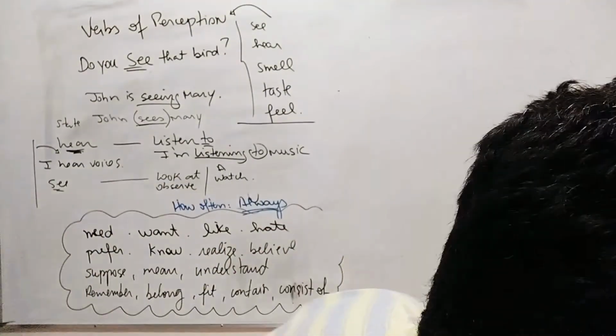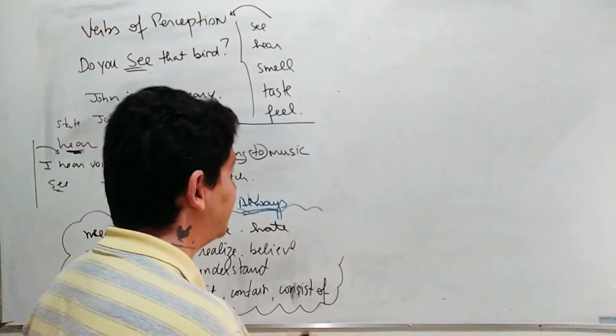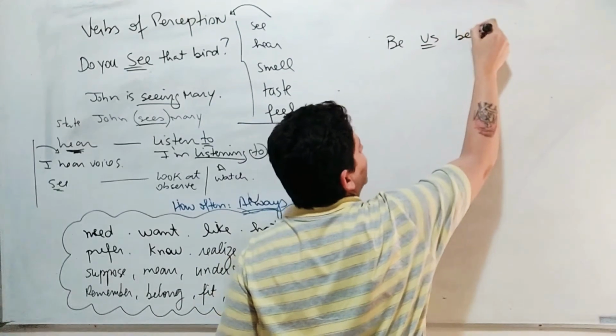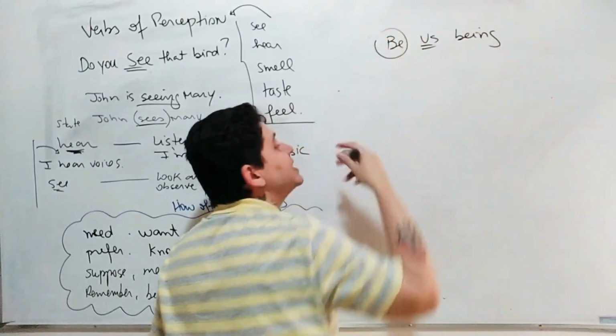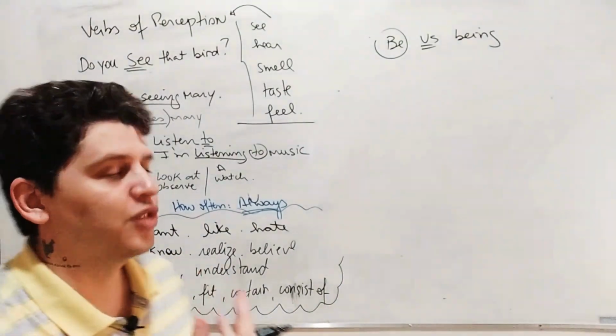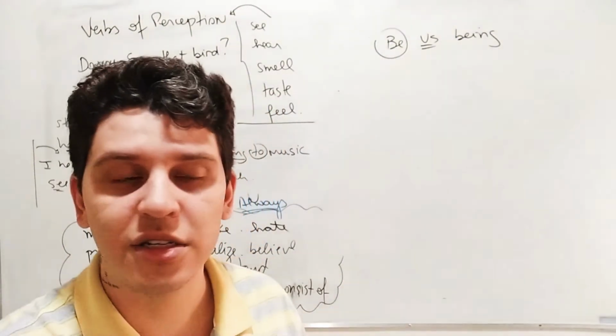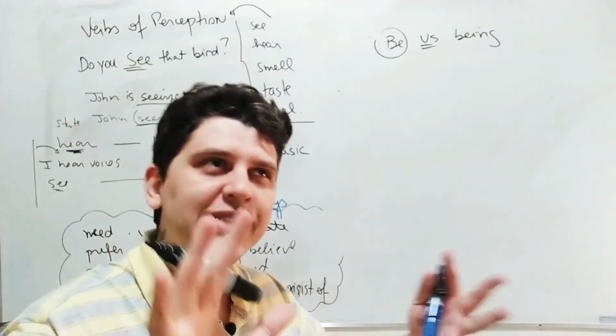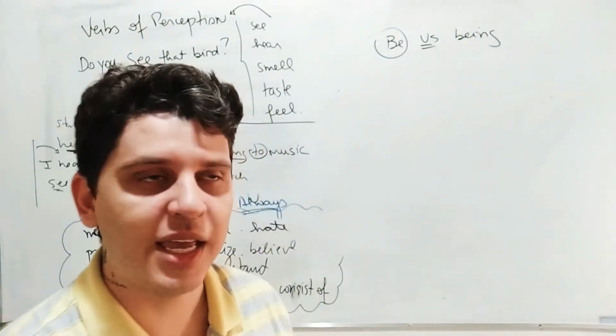So, in this case of talking about be versus being. You know, verb to be is clearly a state, but as it's an essential verb, it's a verb that we use a lot during our course, it accepts being used as an action, not as an action, but as a temporary state.